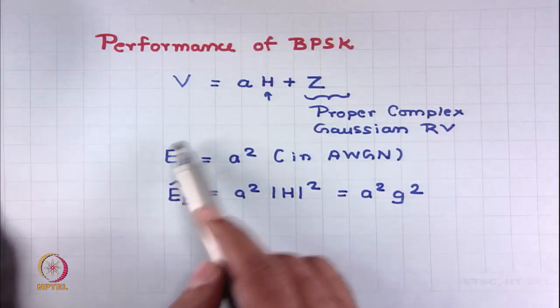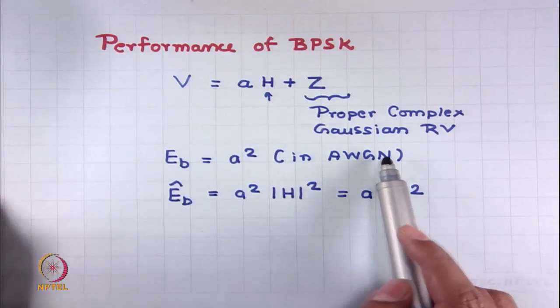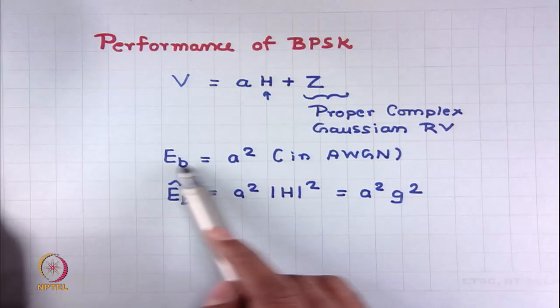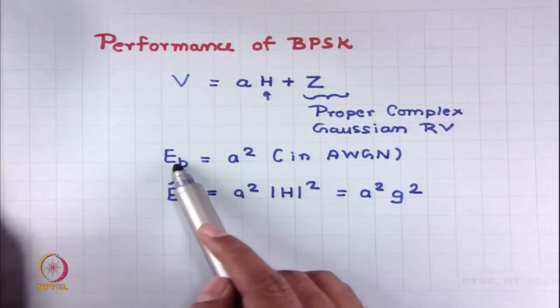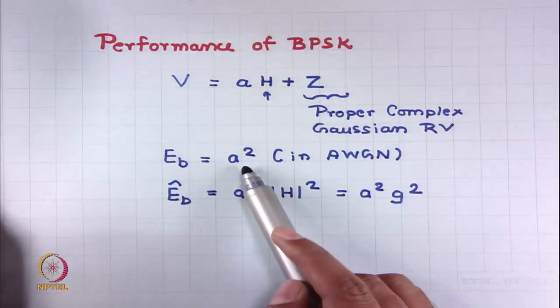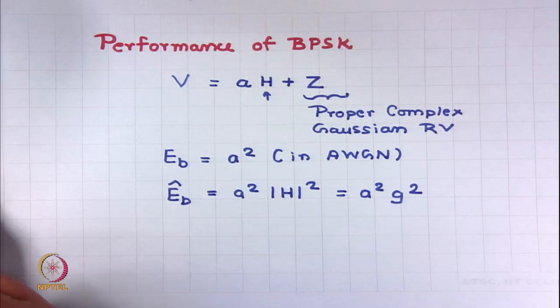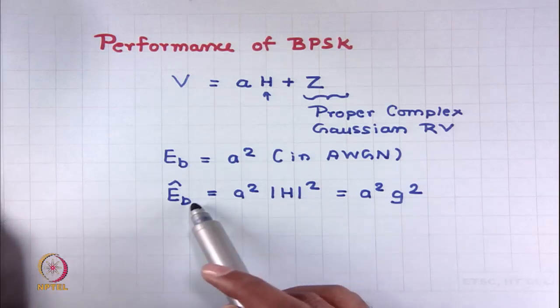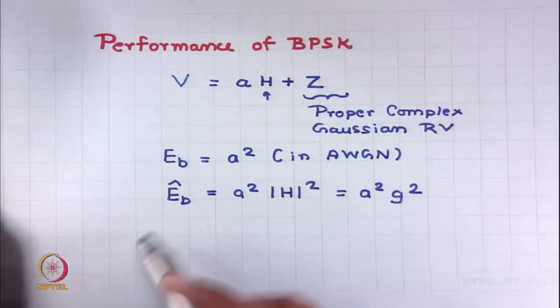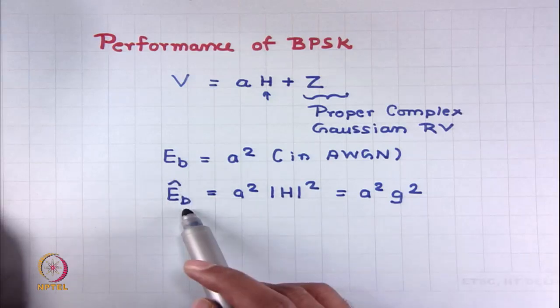Now, we have seen in the AWGN channel we like to think about this energy per bit, and in case of BPSK this is simply A square. Now, in these fading channels, what is this energy per bit?